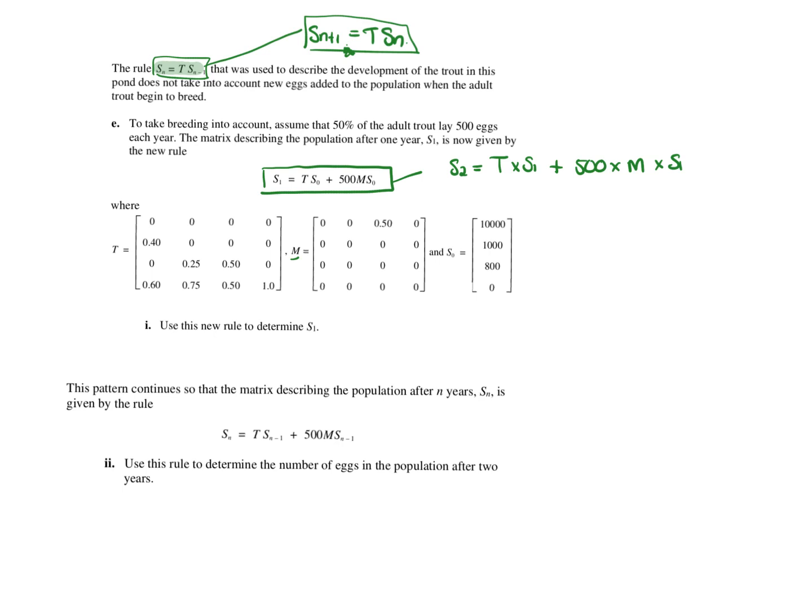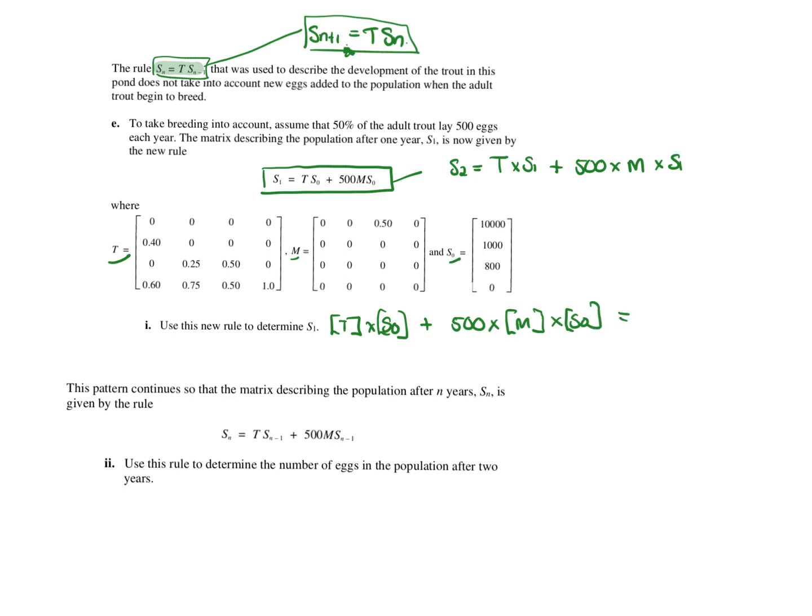So it says use this new rule to determine S1. All you're going to do here is just do the chi, which they've given you right here. You're going to times it by this S0. Then in your calculator, you're going to add, press plus, 500 times that matrix M times that matrix S0.